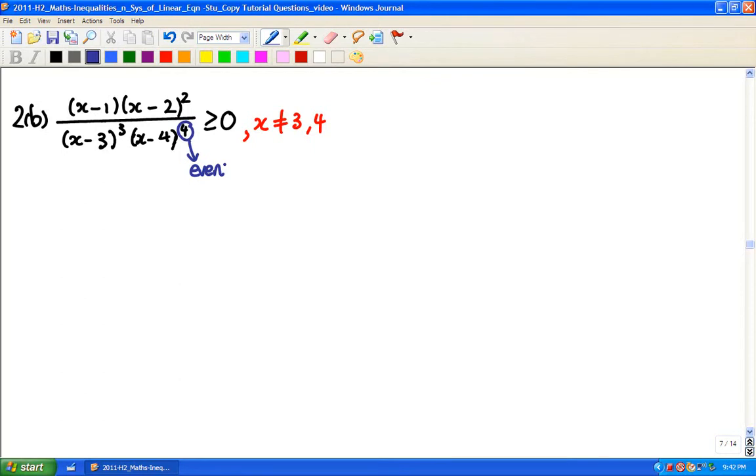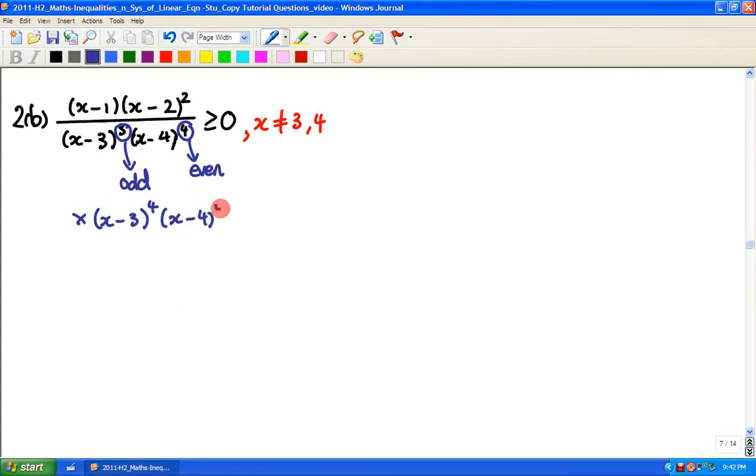So for this part, we can just multiply both sides by this expression itself, since this is always positive. But on the other factor, we see that this is 3, which is odd. So for this part here, we will need to multiply by the next even power, which is power 4.